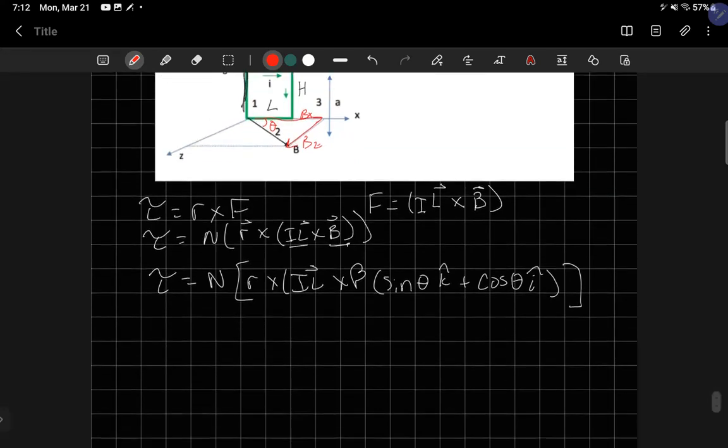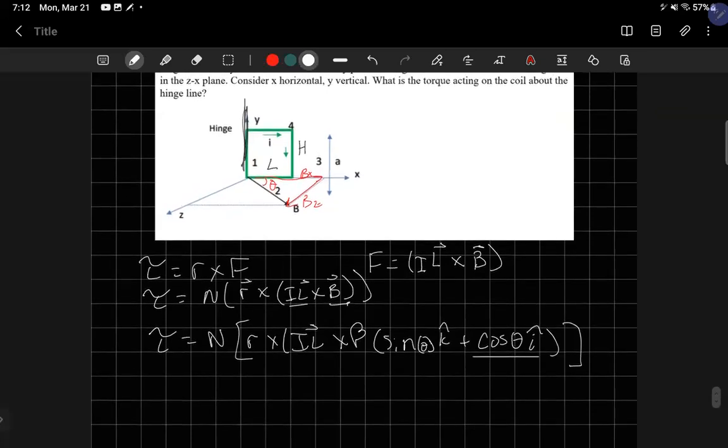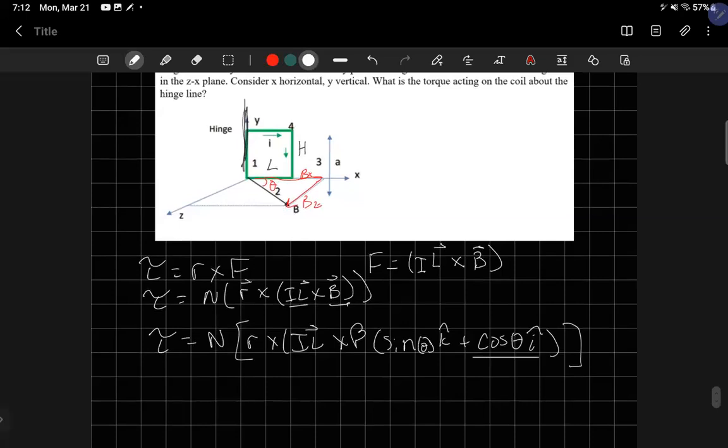Okay, so let's see my X component right here. No, that's not my X component.